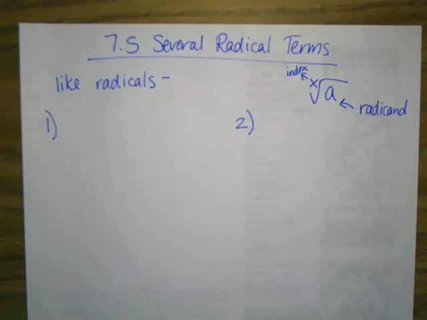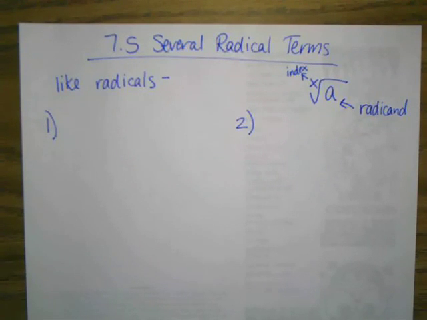7.5 is several radical terms, and basically you have to think back to when you learned how to add x's, and your teacher said, okay, if I have 5 apples in this hand and 4 apples in this hand, I can combine them and make 9 apples. But if I have 5 oranges in this hand and 4 apples in this hand, I can't combine apples and oranges because those are not like fruit or like terms, x's and y's.